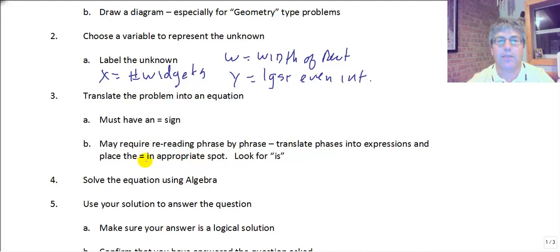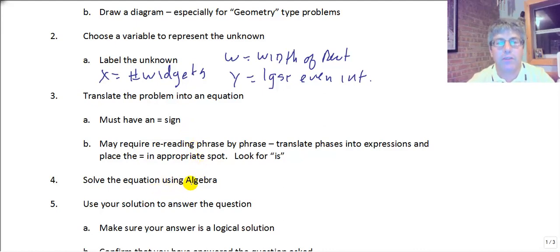So make sure you place that equal sign in the appropriate spot. Of course, in word problems, always look for "is." Is is our key for something's equal to and where the equal sign will go. So we might have to break it down into a couple algebraic expressions first, and then connect those expressions with the equal sign.